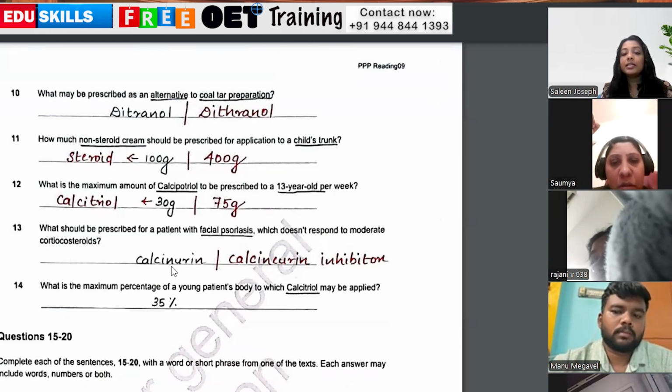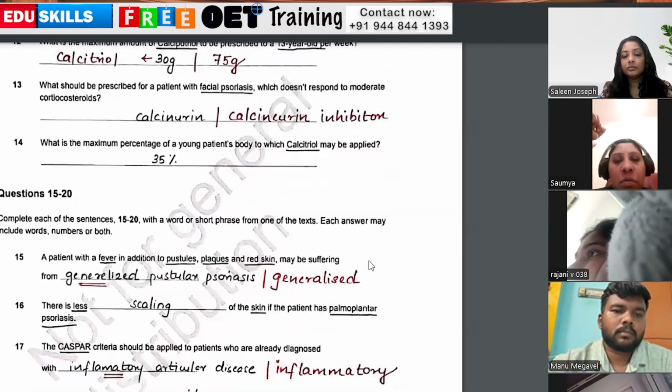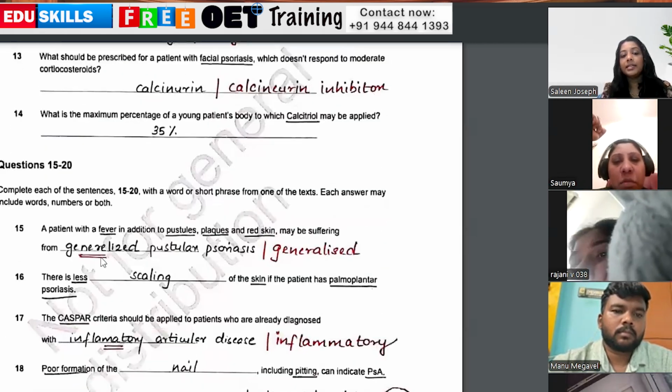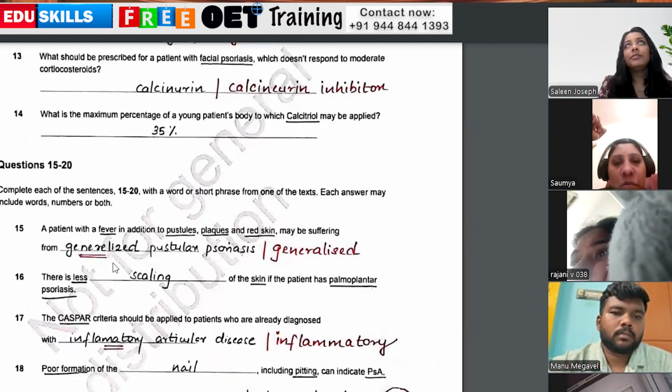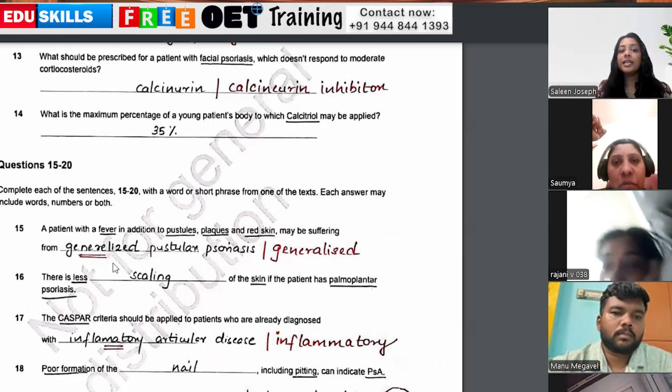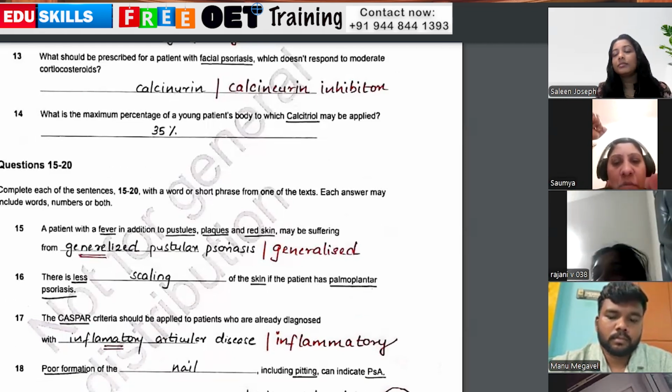Even if the spelling is correct, the answer is incomplete because the inhibitor is not there. So they won't give you marks. Here, generalized. We think we know the spelling, but at exam time we will be in tension and usually make mistakes.